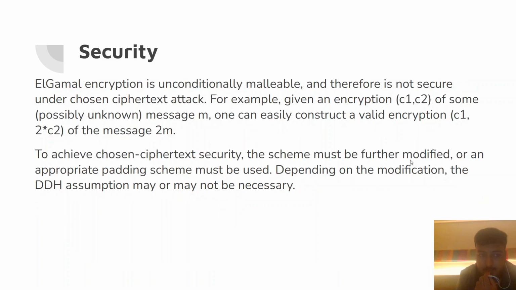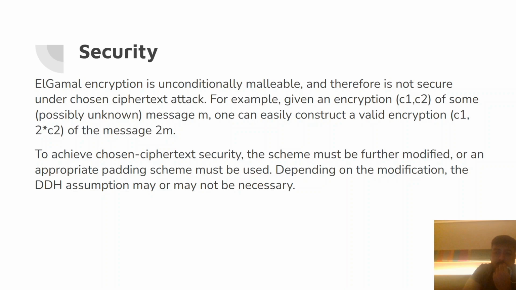ElGamal encryption is unconditionally malleable and therefore is not secure under chosen ciphertext attack. For example, given an encryption (c1, c2) of some possibly unknown message m, one can easily construct a valid encryption (c1, 2c2) of the message 2m.